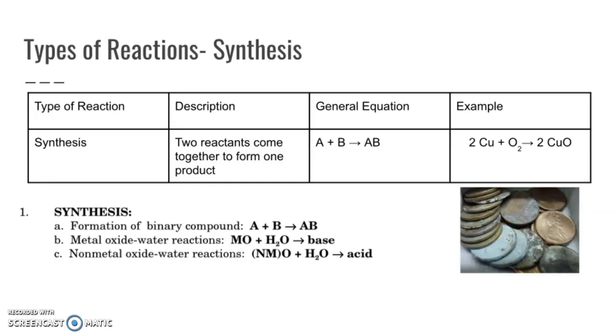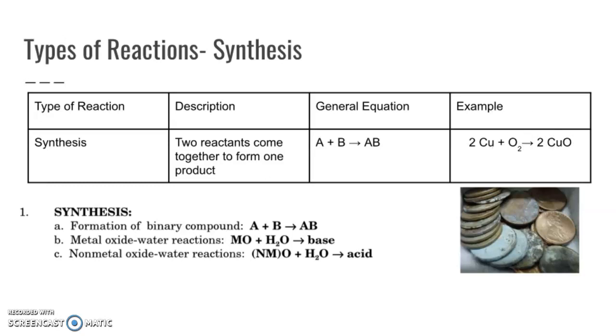In your final exam reference table, you'll have the different types of reactions and the same general equation. So synthesis is when 2 reactants come together to form 1 product, and my general equation is A plus B gives you AB. An example is copper and oxygen, where Cu is my A, plus oxygen, which is my B. They come together and form CuO, or copper oxide.